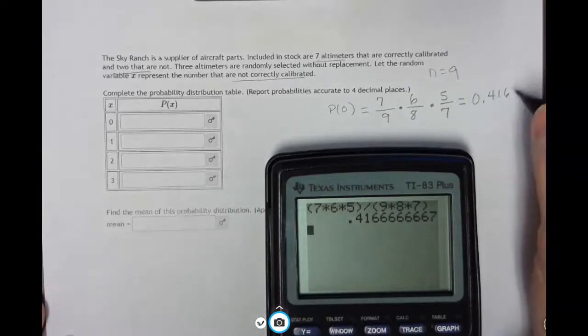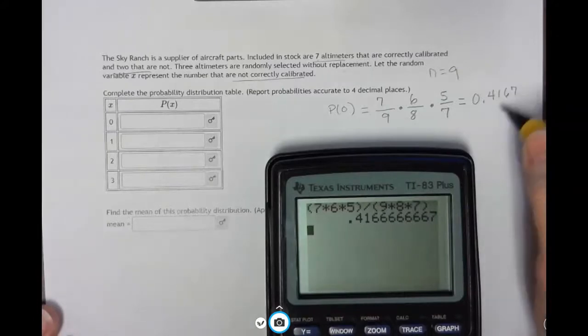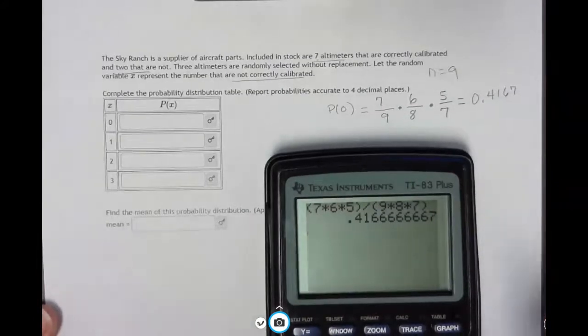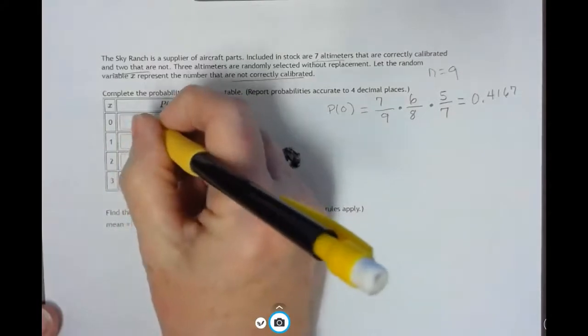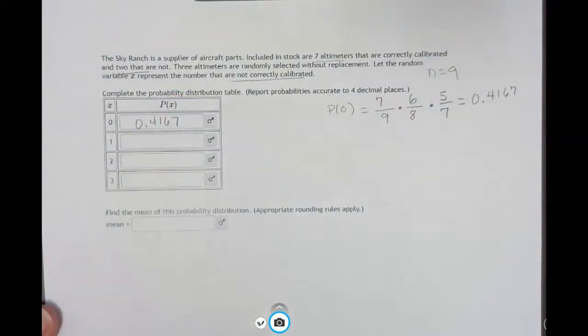It says round to 4 decimal places. However, we need to be careful with our rounding because sometimes that will cause our answer maybe to be off just a little bit. So it's always good to wait till the end, but this is 0.4167.